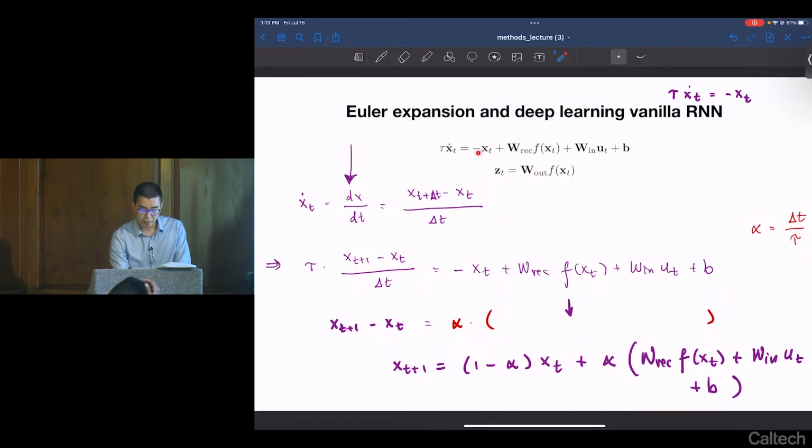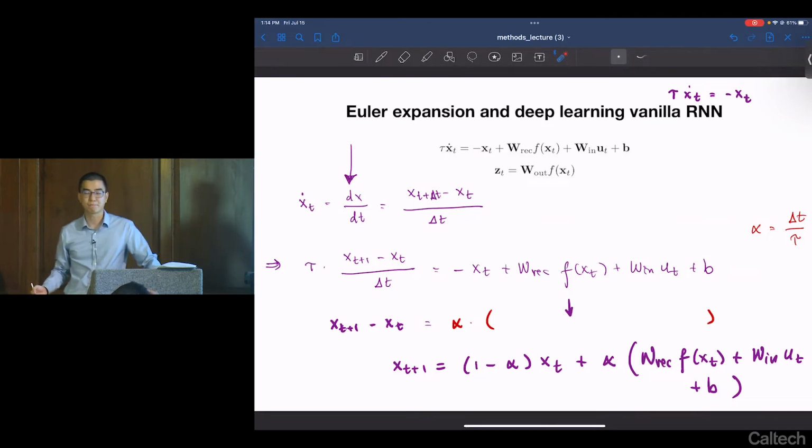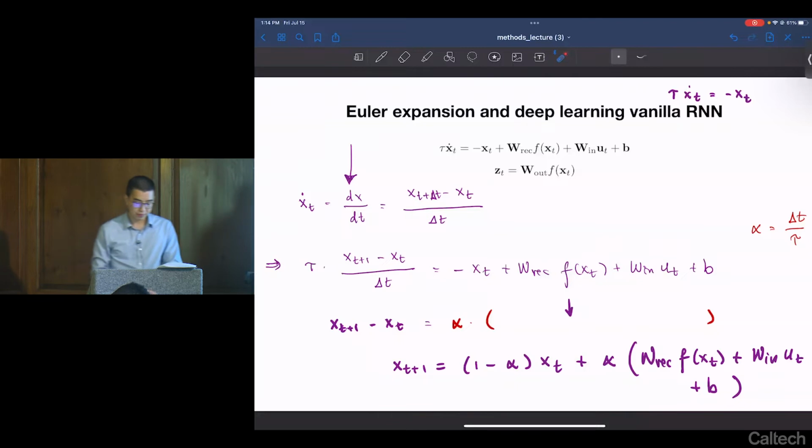The fact that there's a minus here means that there will be an eventual decay slowly of the present pre-activation states over time. That's what I mean by the low pass filter. So it has a low frequency, but eventually it will decay away. And the decay will be exponential.